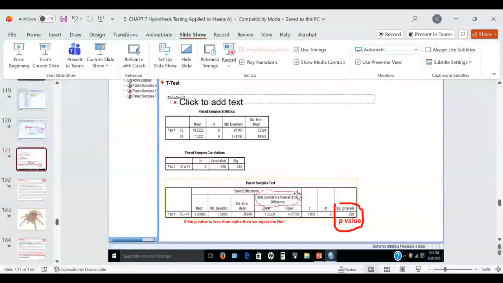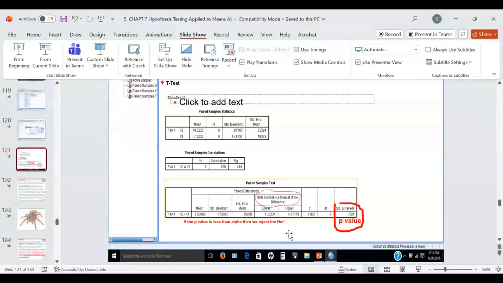You look right there, that circle, not the thin one, which says 99%. So the confidence interval is 99%, we know alpha is 1% or 0.01 in proportion. That's how you tell what the alpha is.